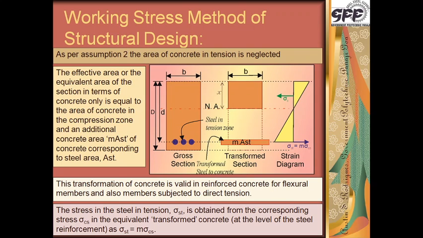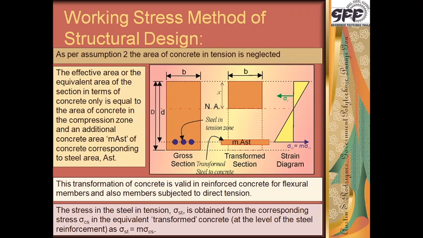When we consider assumption 2, the section changes to what we see in the next one, the transformed section. The width B remains B itself. The area of the cross section above the neutral axis, which is in compression, is considered to be taking the stresses.